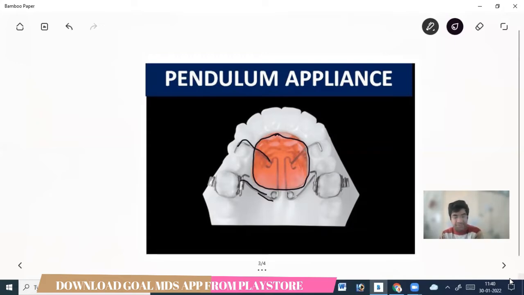So what we have is a small horizontal adjustment, a closed helix, and a loop for retention in the acrylic button.